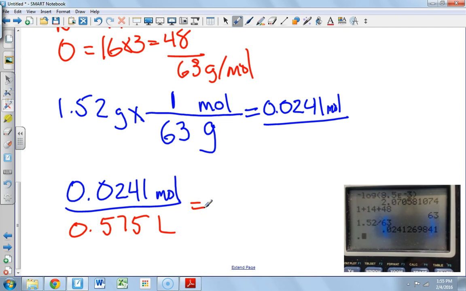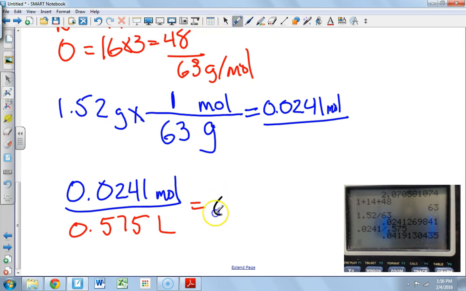So 0.0241 divided by 0.575, and when we get that, we get 0.0419 molar. Now we're still not done.